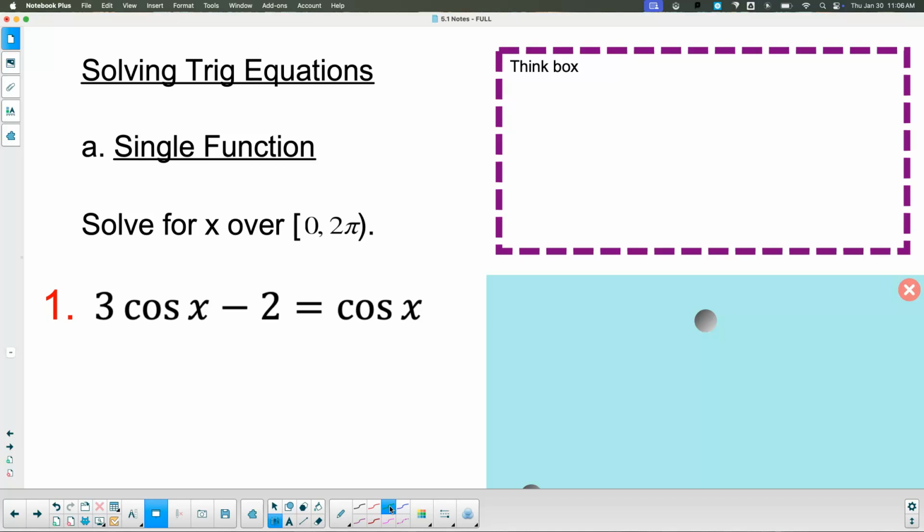And the algebraic function that I see there is 3y minus 2 equals y. And I need to solve for y. So what would you do in that one to solve for y? In this green one up here with my funky equal sign, how would you go about solving 3y minus 2 equals y?